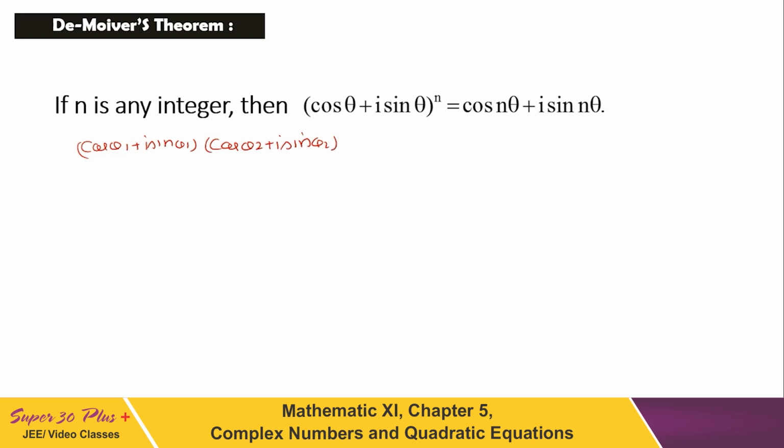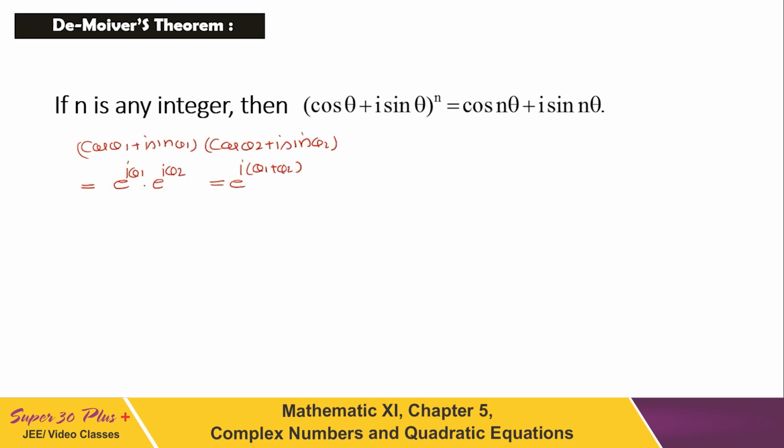If we write this polar form into exponential form, then it is e^(iθ1) times e^(iθ2). Then after simplification, this complex number is equal to e^(i(θ1+θ2)).